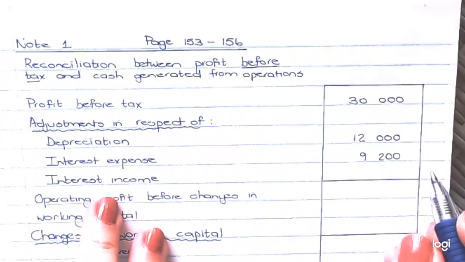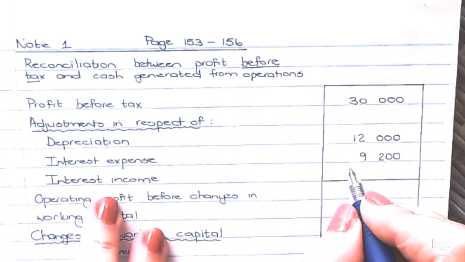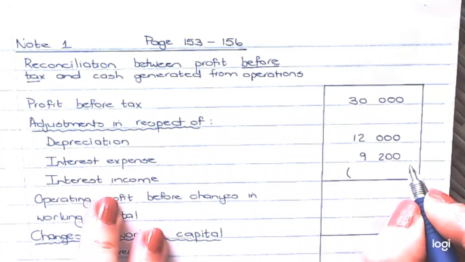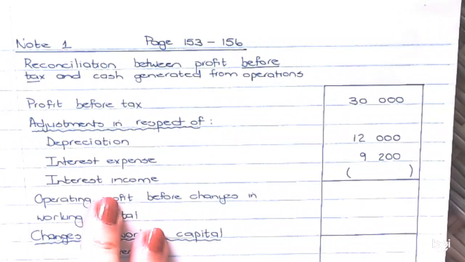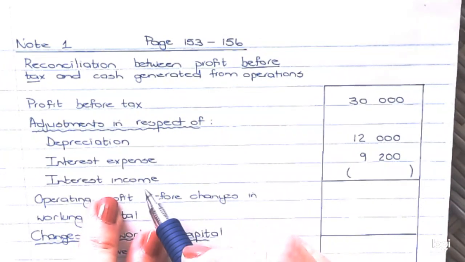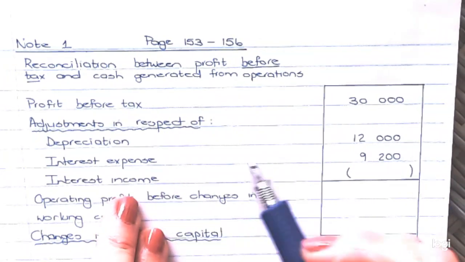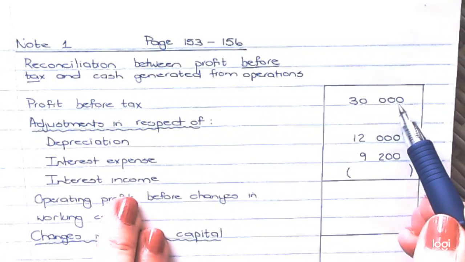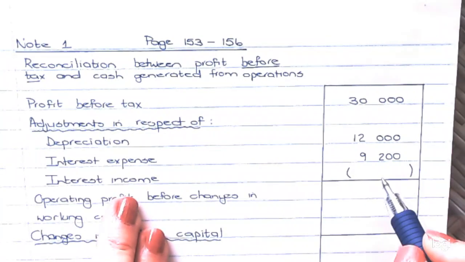Interest income will be in brackets in this specific example. There isn't any interest income, but interest income would have been added to get to your profit before tax. So now we will deduct it.